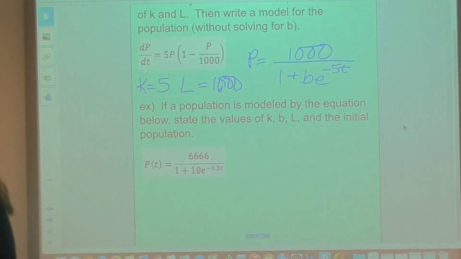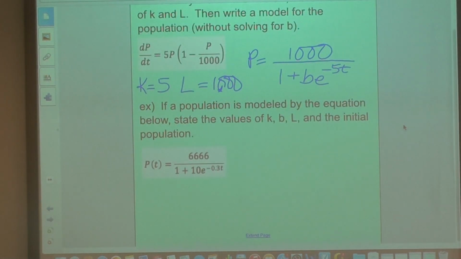Wait, so that first equation, the original equation, is like the initial population, right? Like the dP/dt. No, that's the rate. dP/dt is the rate of change of your population.